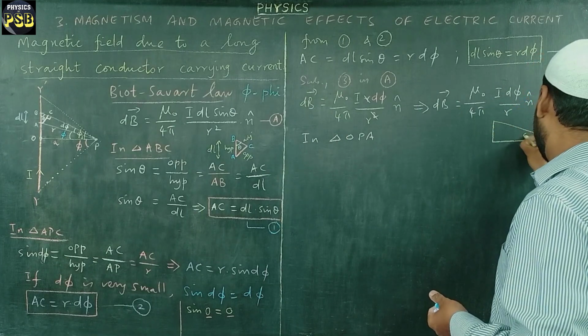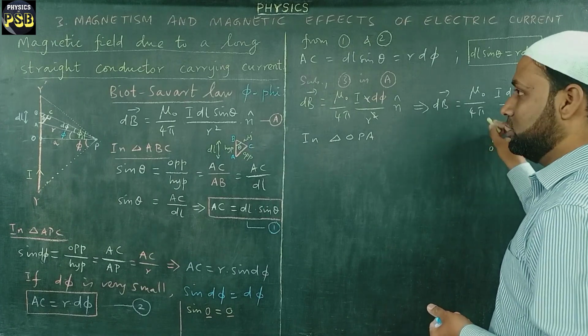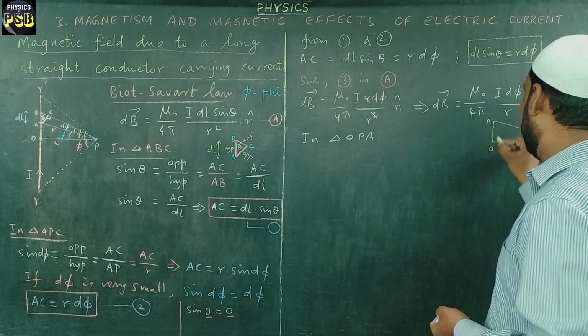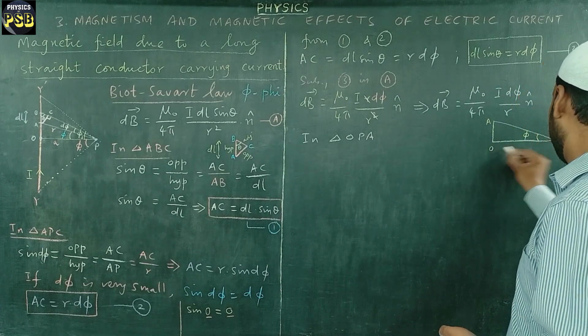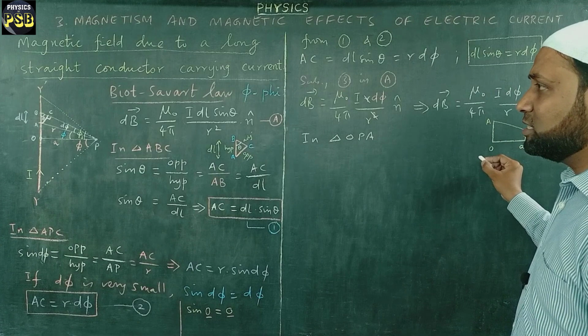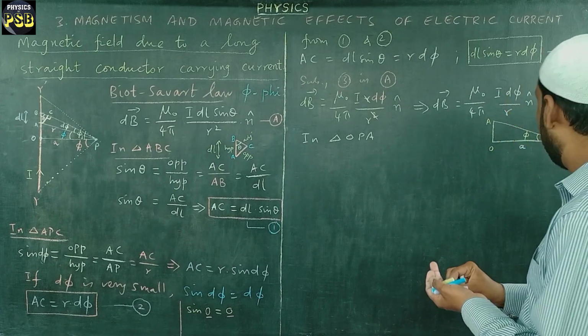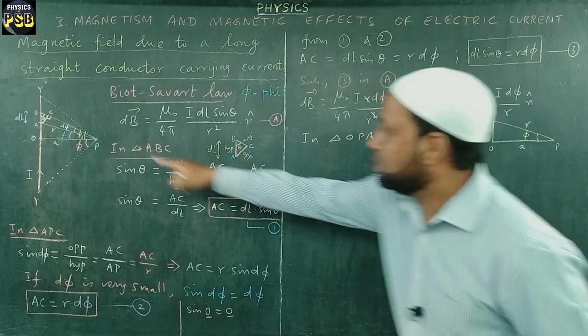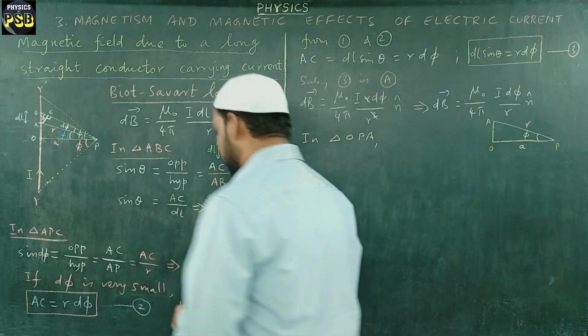The angle is phi. This point P is O and this one is A. The distance between OP is taken as a and the distance between AP is taken as R from the diagram.